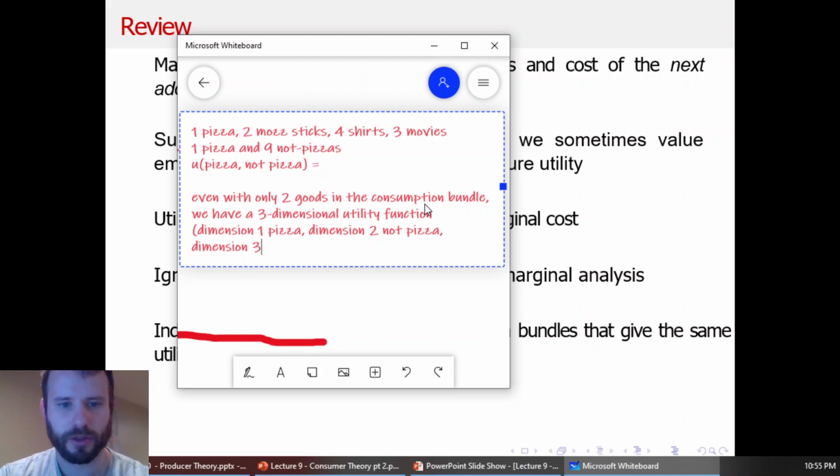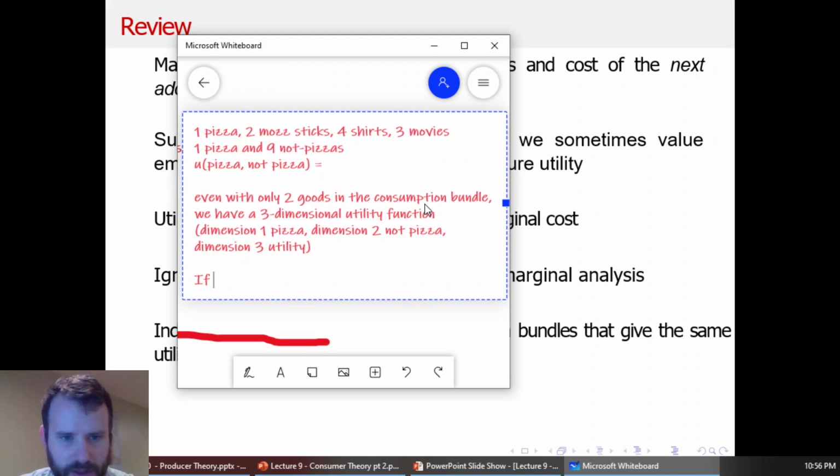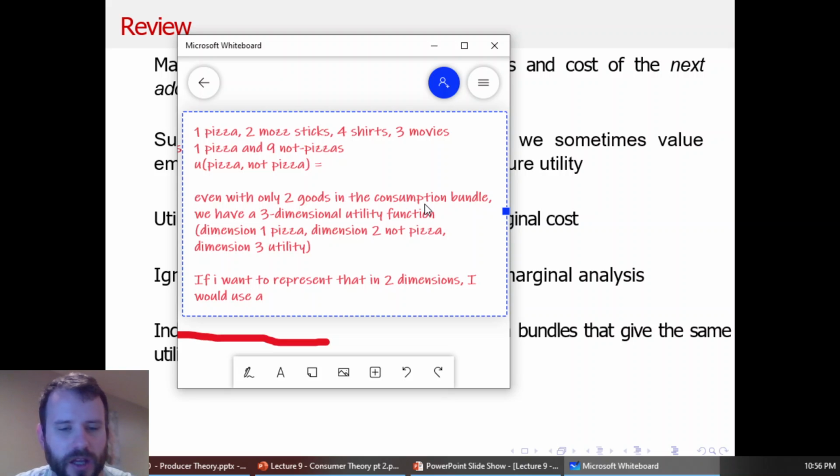Dimension 3, utility. Okay. So if I wanted to represent that in 2 dimensions, I would use what we call a contour map.